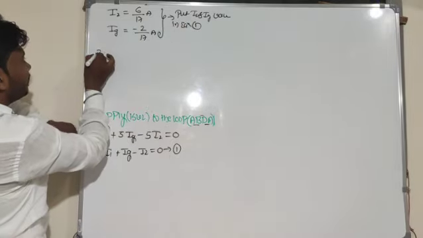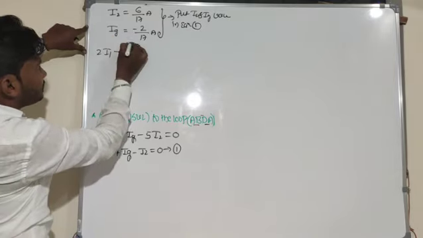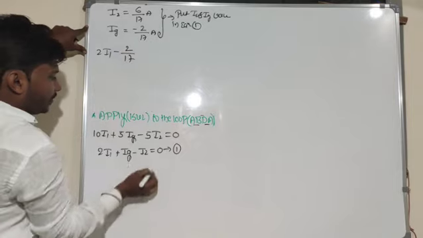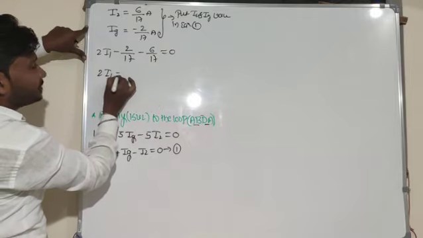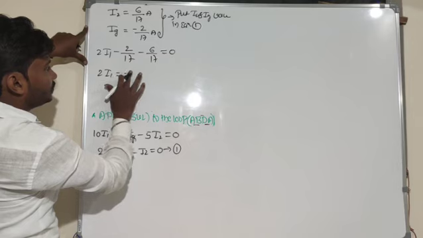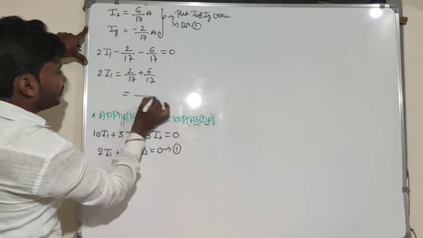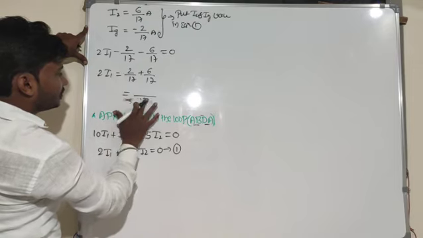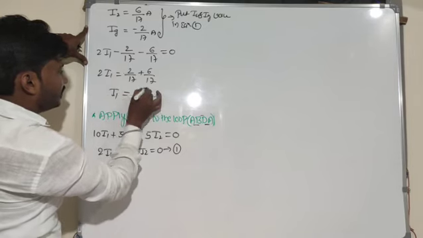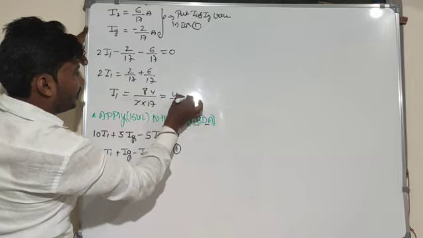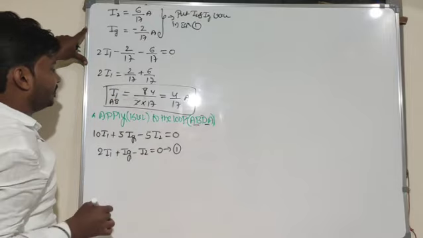Then 2I1, Ig value minus 2 by 17, I2 value minus 6 by 17. Taking the minus 2 to the right side gives 2 by 17, and this one is 6 by 17. So 2 I1 is 8 by 17, so I1 value is 4 by 17 amp. This I1 is between A to B, terminal AB.